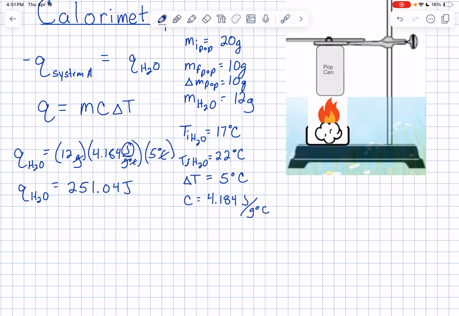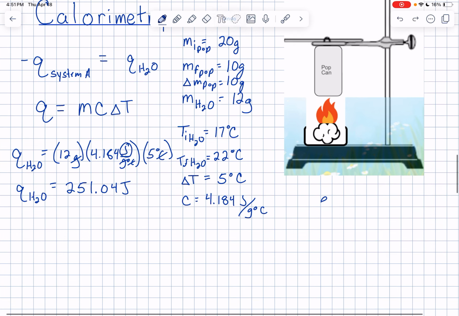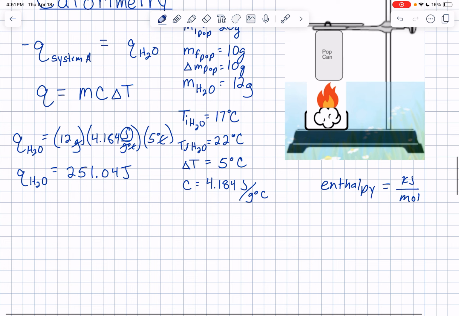Even though this isn't a large number, I know that my enthalpy is kilojoules per mole. And so, if I convert this to kilojoules, there's 1,000 joules in 1 kilojoule, and so the amount of kilojoules that entered my water is 0.251 kilojoules.